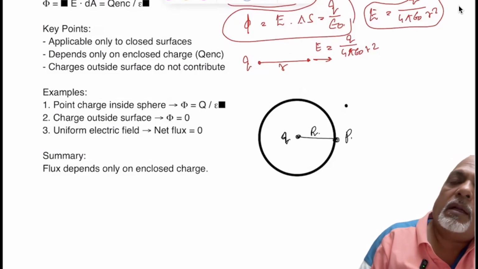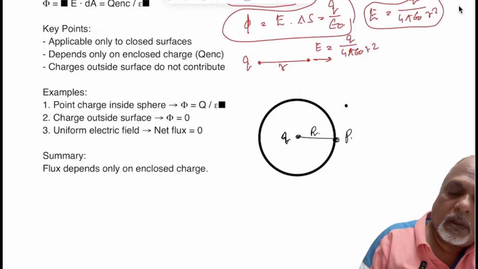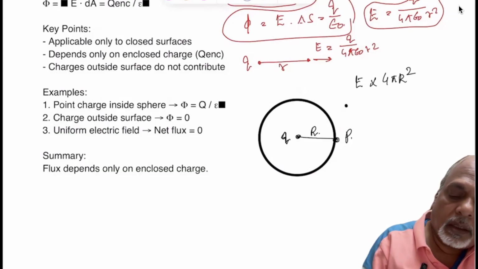That is R. Correct? Assume this surface as a Gaussian surface, then E into 4 pi r square is nothing but q upon epsilon 0, or electric field at P is nothing but q upon 4 pi epsilon 0 r square.